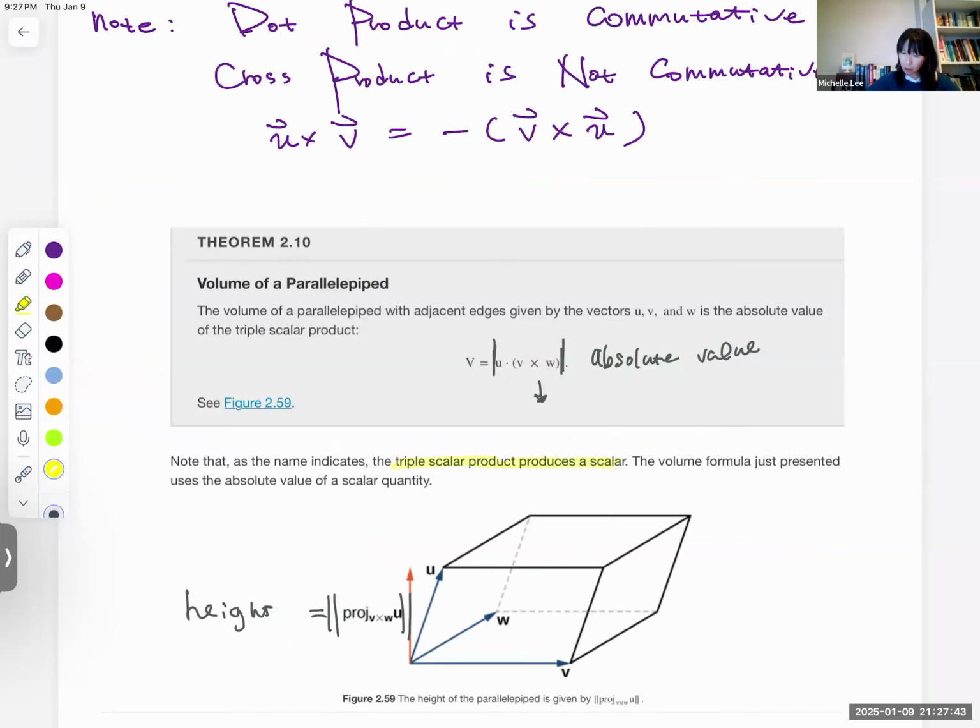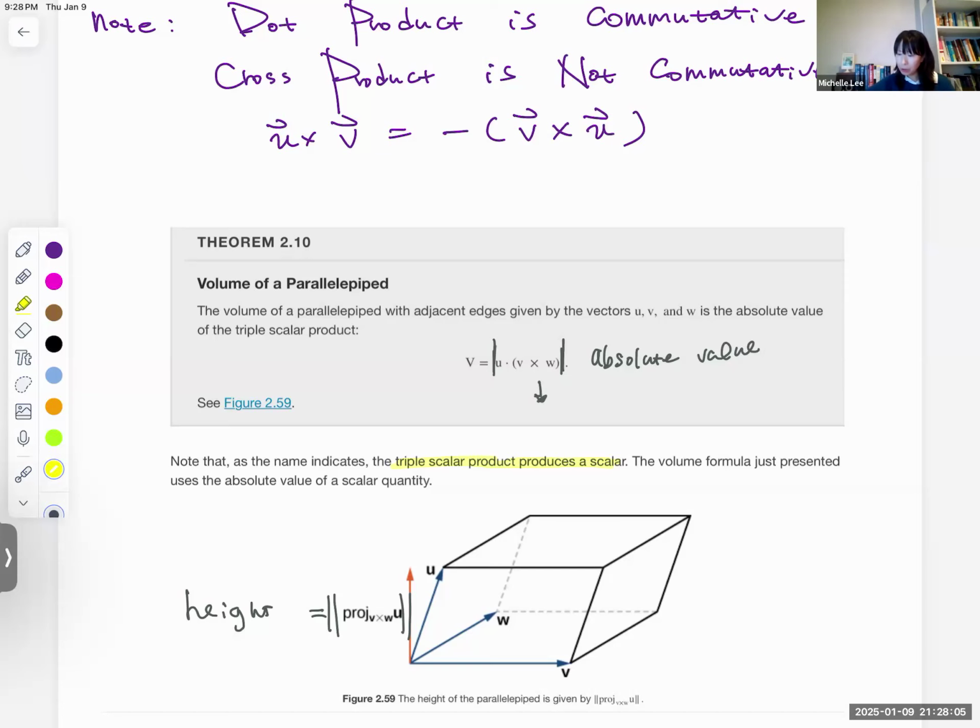All right, so here we have theorem 2.10, the volume of a parallelepiped. So we just learned the area of a parallelogram. We talk about the area in 2 dimensions, and the volume in 3 dimensions, right?